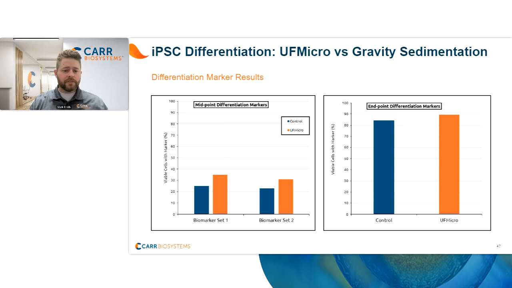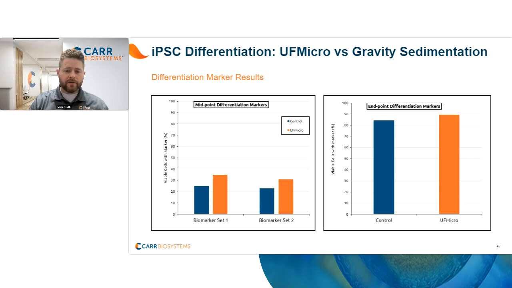Ultimately, when we were able to compare these two, the control here in blue versus the UF Micro, we had several points to evaluate the CQAs of the product. The first set of biomarkers, at the midpoint on the left, the UF Micro outperformed the control in terms of cells with the markers desired. And on the right, this was the endpoint differentiation.